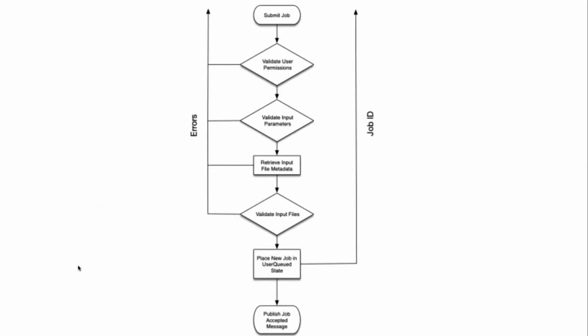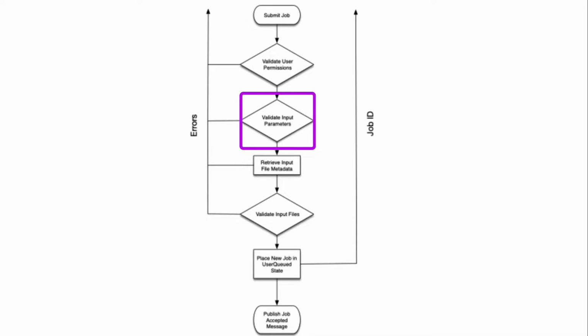So when we submit a job, this is the basic process the job goes through. The idea here is that some of these jobs could be long running jobs, and we don't want them to fail for something stupid later, after the job has sat in queue, waited to run, and then finally started running, and then an hour in, it fails. So we try to catch simple errors before the job is submitted. So what you see here, we submit a job. First, we validate the user has permissions to run that job.